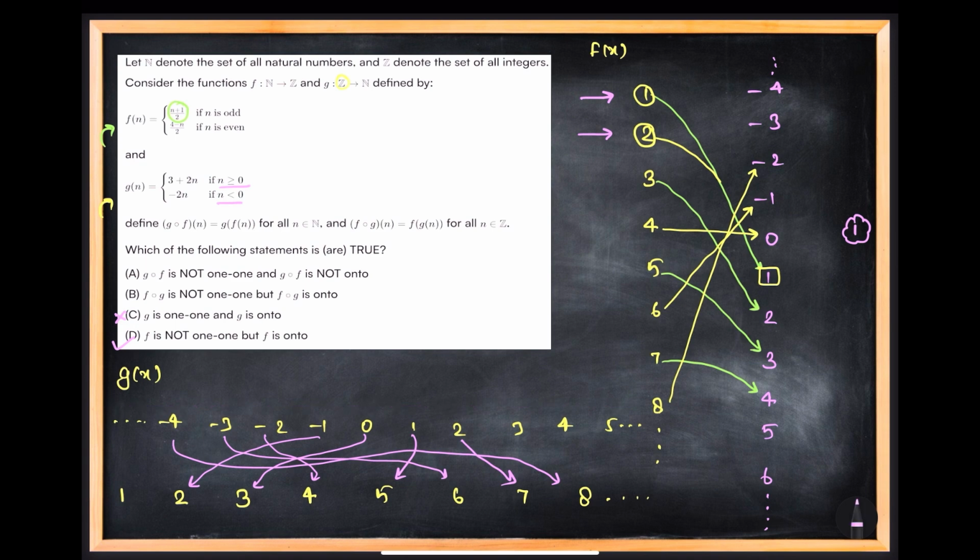So g will consume all the integers and it will produce all these numbers. But you also know that this g function is not able to produce 1. So g of f of x is not onto, it is an into function. So option A is also correct.